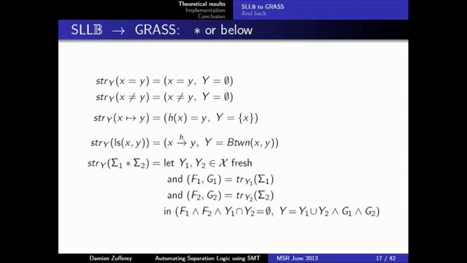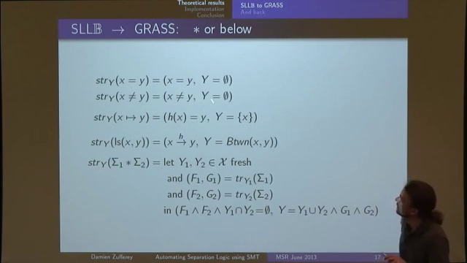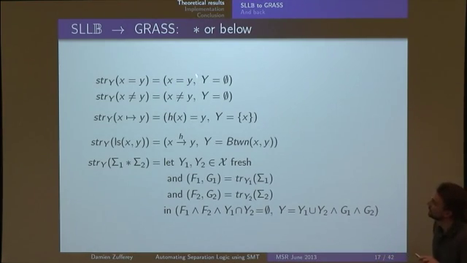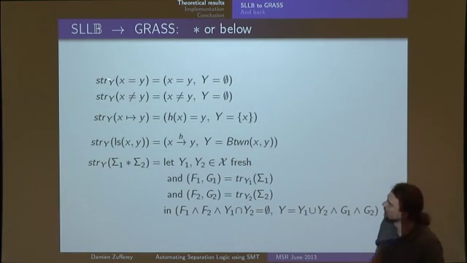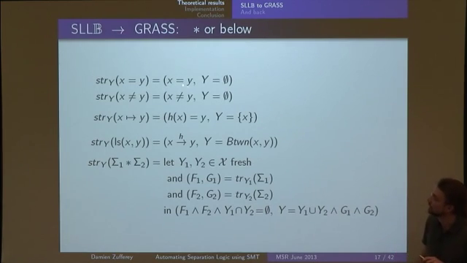So the translation will go basically recursively over the formula and generate these two parts, one part above the definition of this set. So here we have the translation of the structures of x equal y over the footprint set big Y. Here it says that we have equality, and the definition of Y here should be the empty set. For not equal, again, the same.